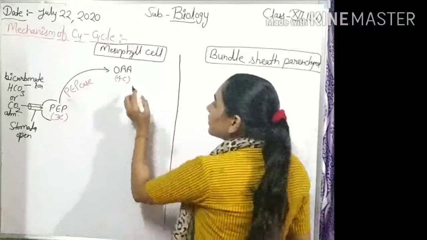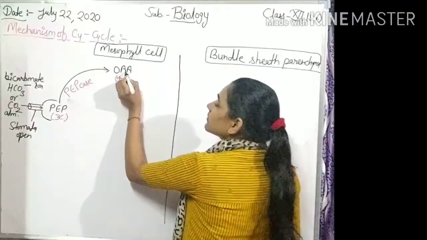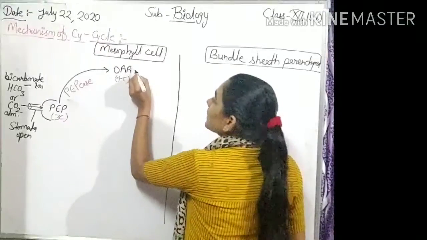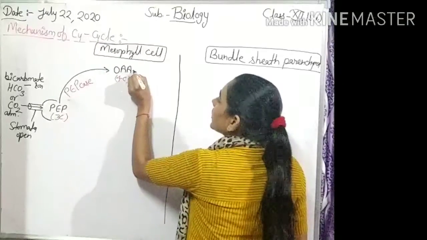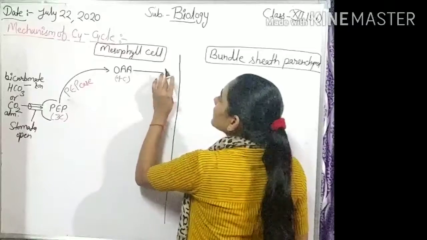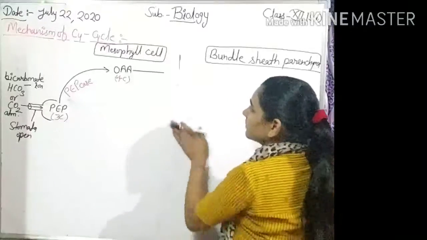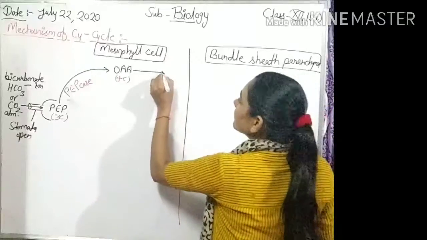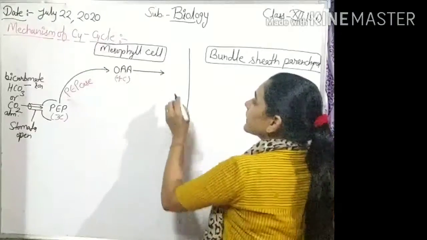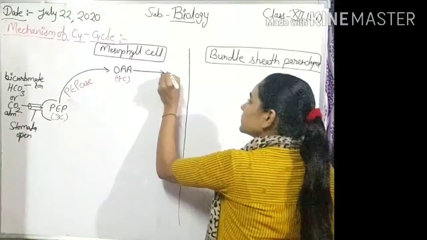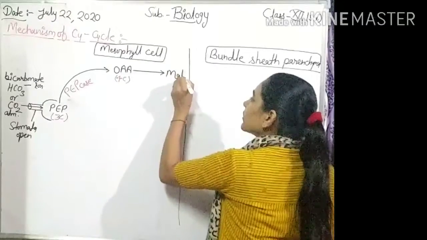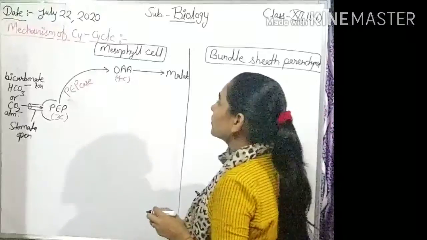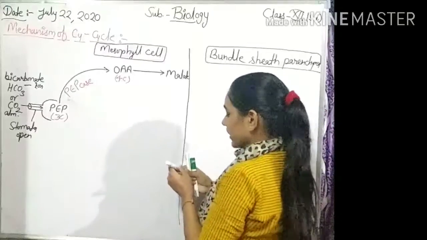Afterward, oxaloacetic acid is reduced by NADPH2 and converted into malate or malic acid.